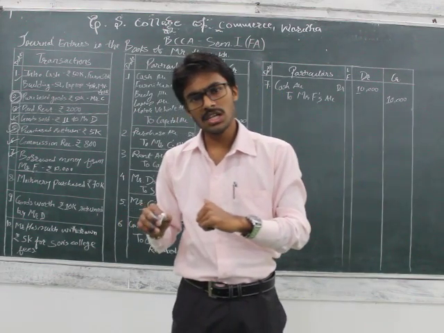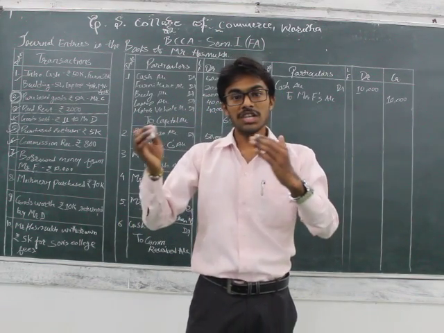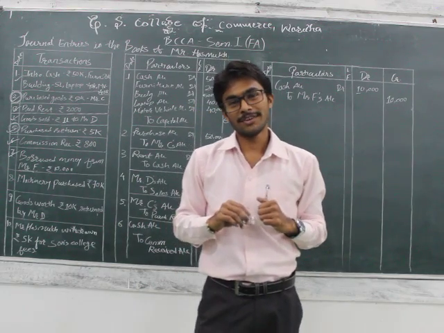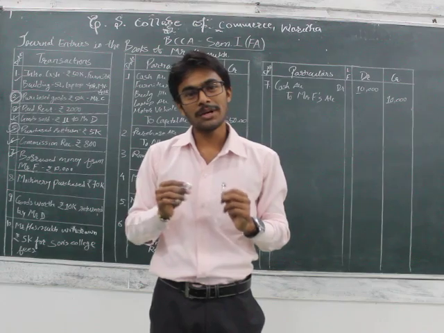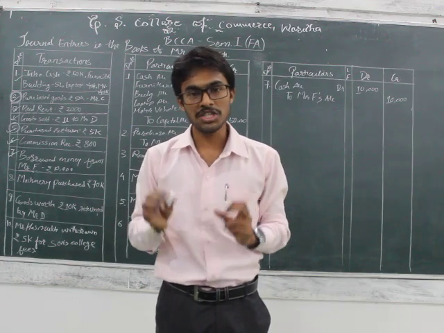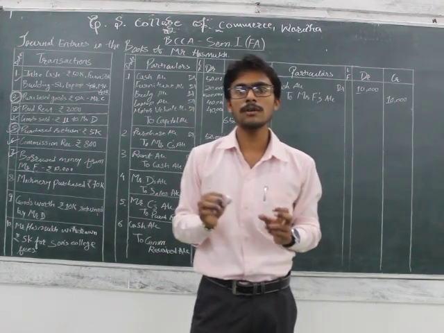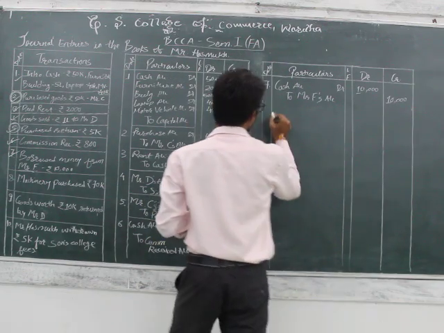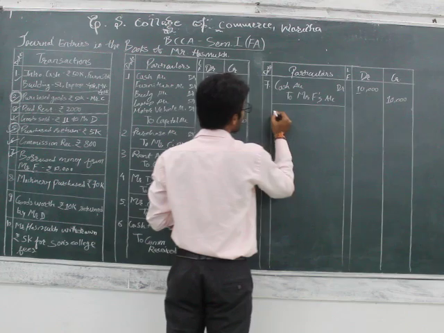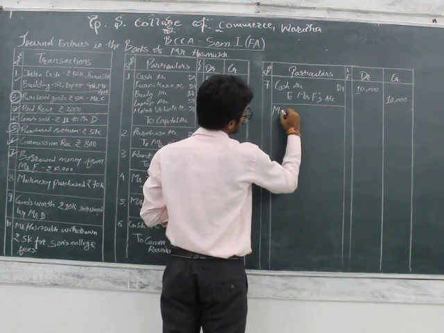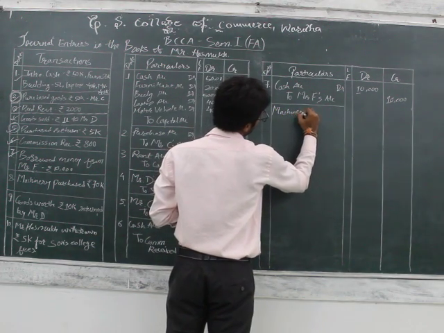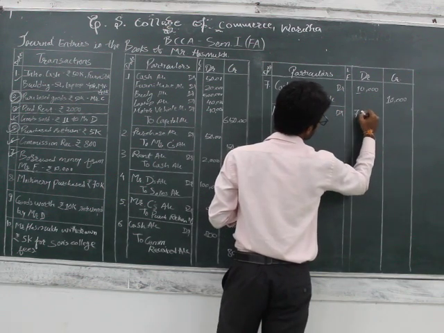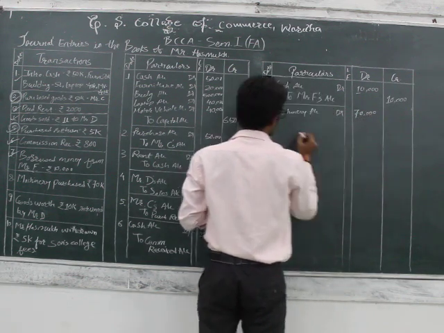We are purchasing machinery, that means machinery will enter the business. So you have to debit machinery. Why? Because machinery is an asset, and the real accounts rule says debit what comes in. So the machinery account will be debited with rupees 70,000.